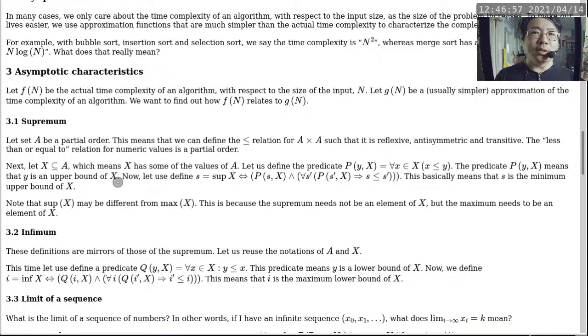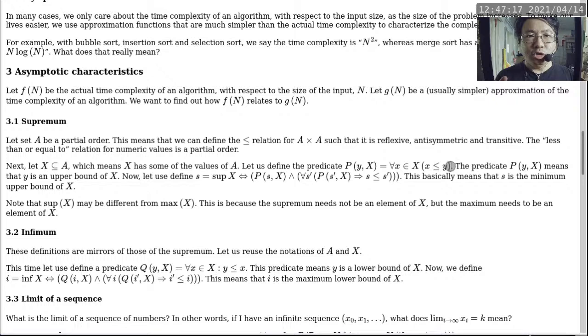Some people may ask, is the upper bound a part of X or not? Some people may ask, is the upper bound tight or not? Is it a tight upper bound, or are we just talking about any upper bound? So that means it is ambiguous.